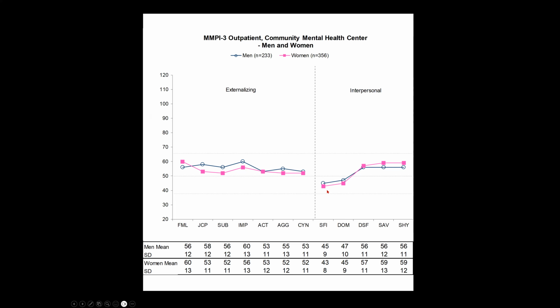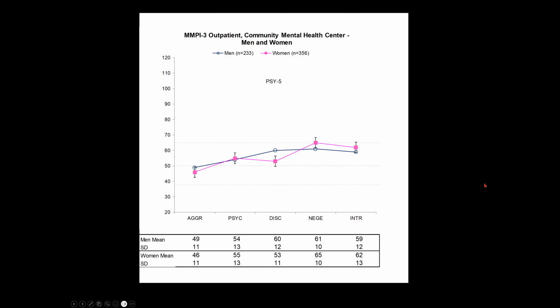We'll point out that on these two interpersonal scales, scores are a little bit below average, and on the Psi-5 scales, which are measures of psychological constructs associated with features of personality disorders, we're seeing elevations on the scales associated with cluster C personality disorders for both men and women, and again, that difference on the disconstraint scale, with men scoring higher than women on the disconstraint measure of the Psi-5.